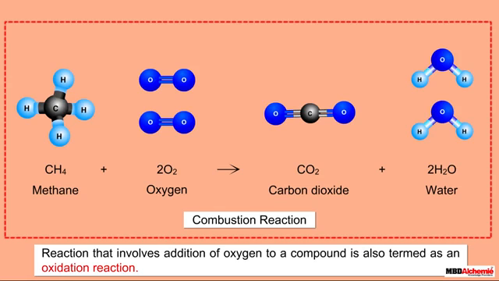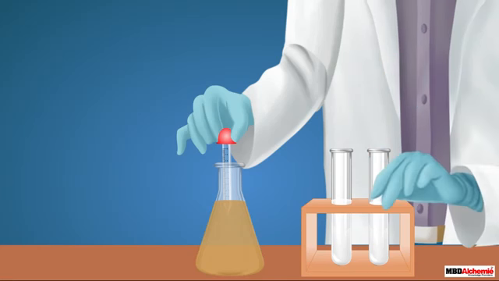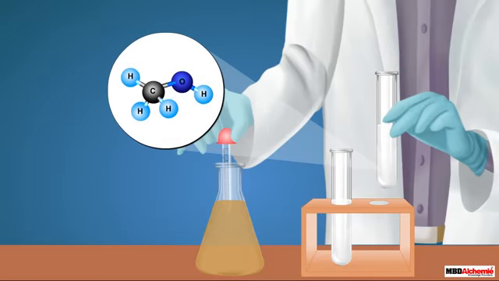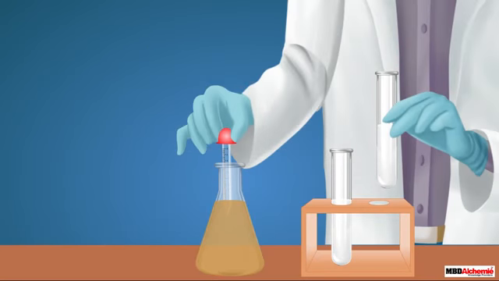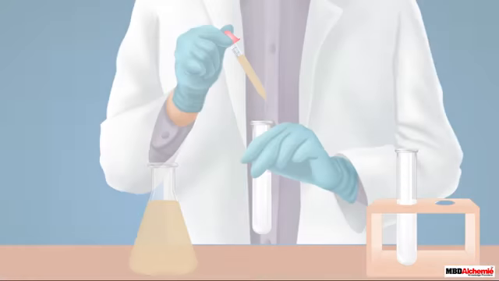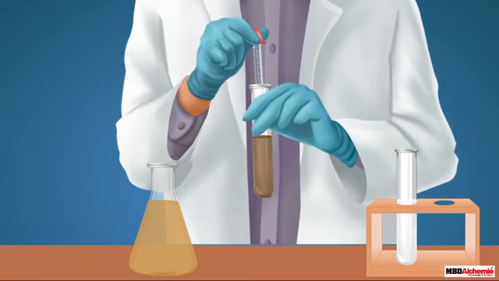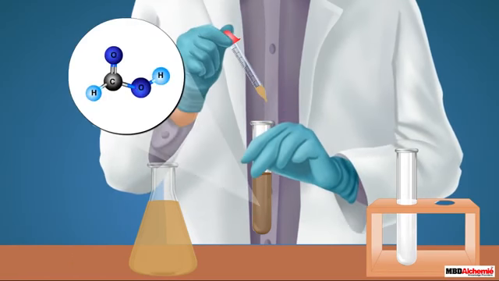Combustion is not the only oxidation reaction of carbon compounds, but there are many others. Let's check out those. Shown here is a test tube containing a carbon compound, methanol. On adding alkaline potassium permanganate to the test tube, another compound called methanoic acid is formed.